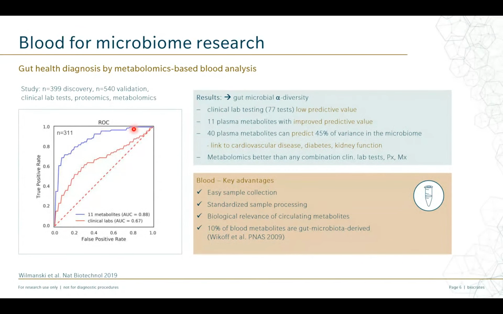In addition, potentially 40 metabolites with a metabolic link to cardiovascular diseases, diabetes, and kidney function can explain 45% of the microbiome variance. These are promising results and show that the ability of the blood metabolome to predict gut microbiome diversity could pave the way to the development of clinical tests for monitoring gut microbial health.